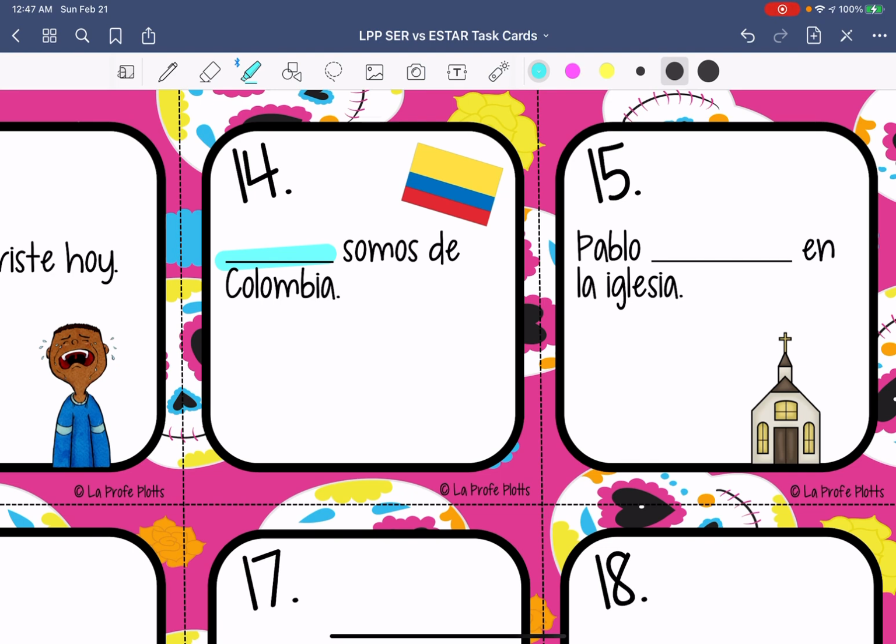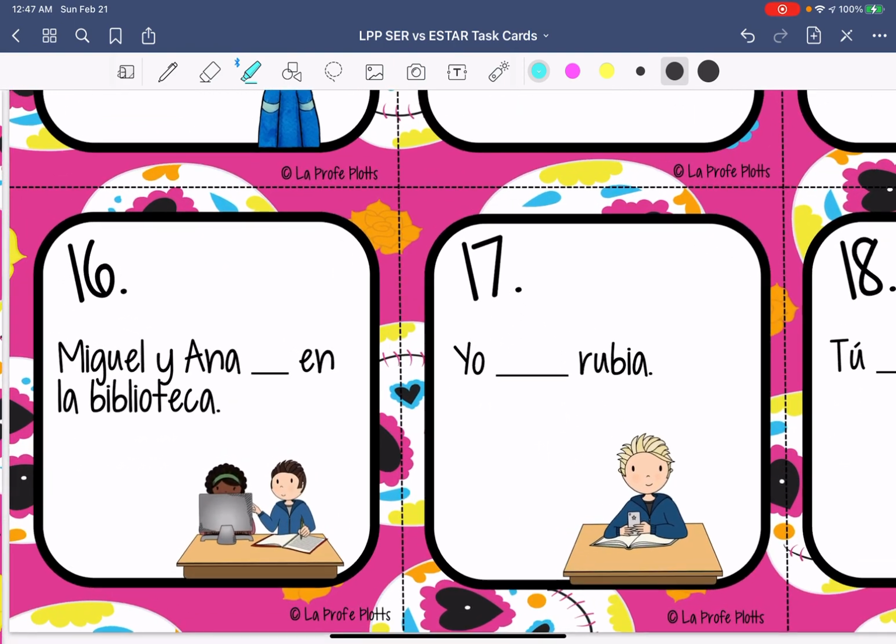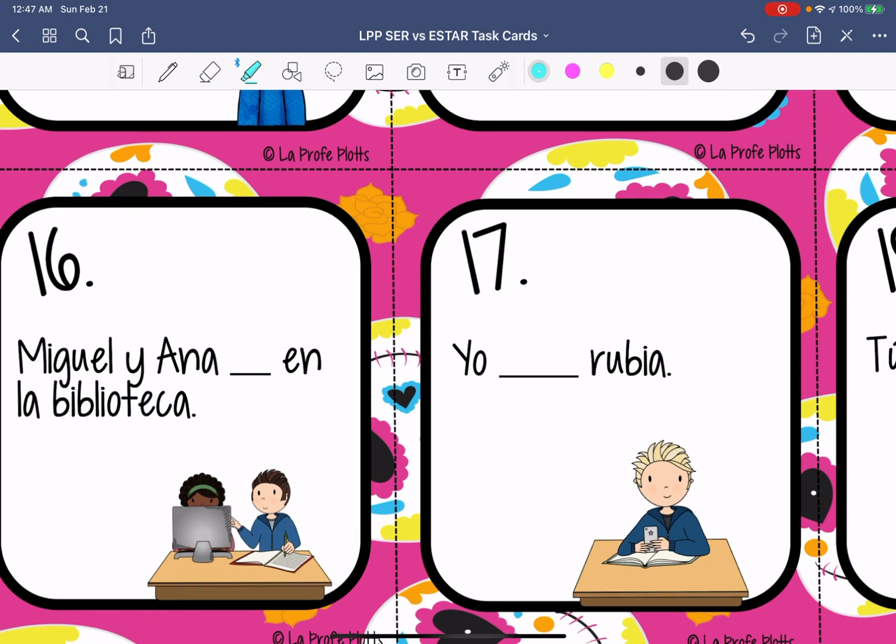If you don't know what iglesia means, look at the drawing. Iglesia. Pablo blank en la iglesia. Okay. 16. Miguel y Ana blank en la biblioteca. Miguel y Ana blank en la biblioteca. Tell me the conjugated verb that goes there.